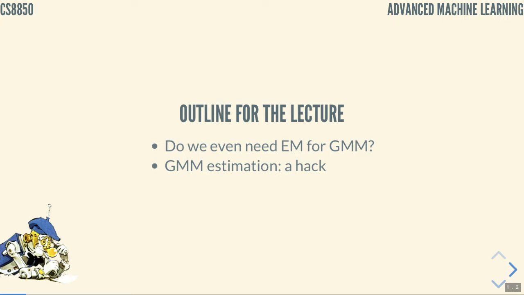We'll consider what we can do in this difficult case, and then the easy part, hopefully, maximum likelihood estimation via expectation maximization in the presence of latent variables. Okay, let's go.